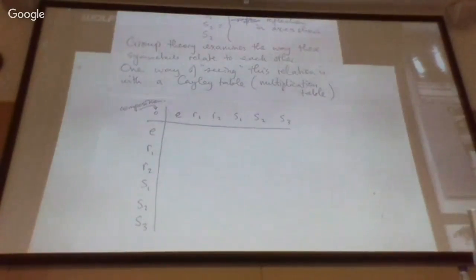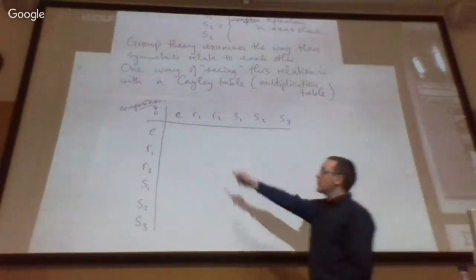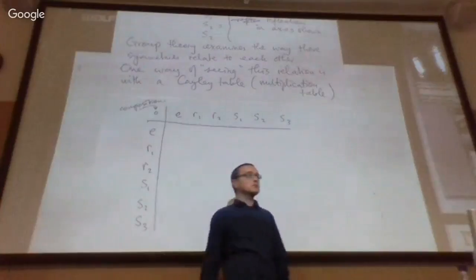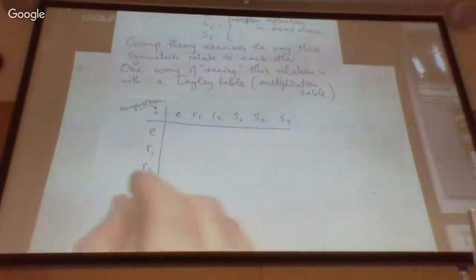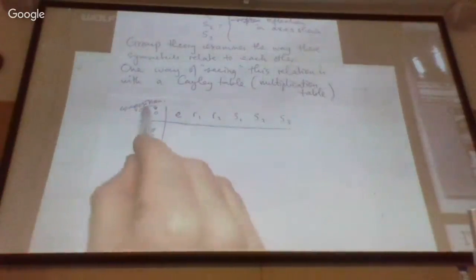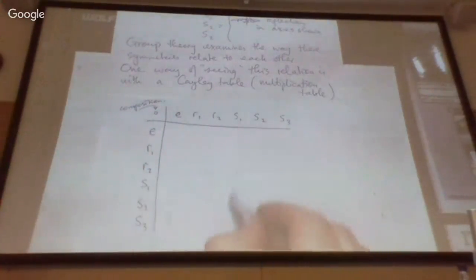Now we're dealing with symmetries of the regular triangle, and the operation we're talking about is composition. In the body of the table, I'm going to put the product under this operation of the row and column headings, and that will allow me to see all the values of the operation in the group.